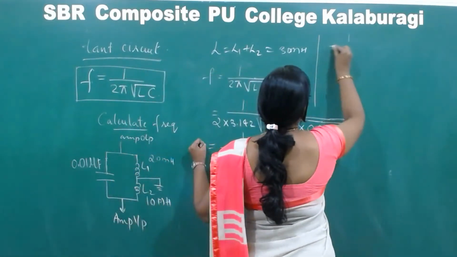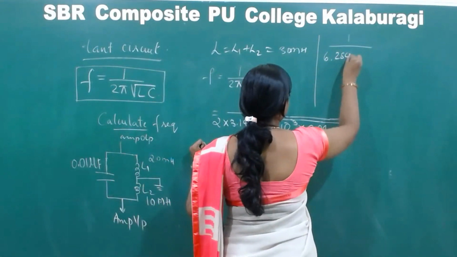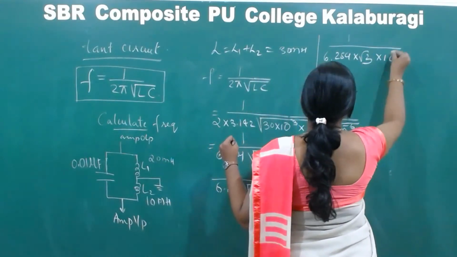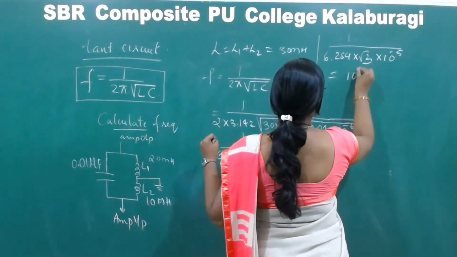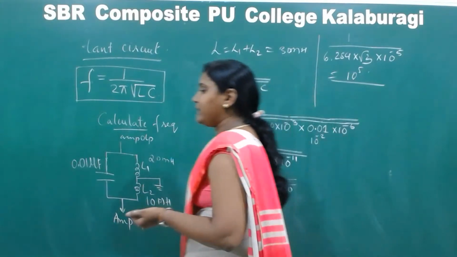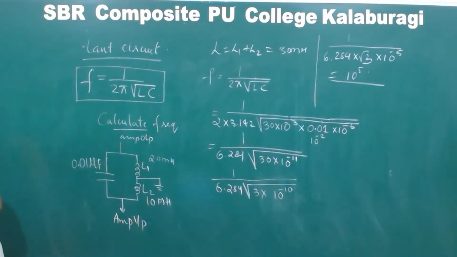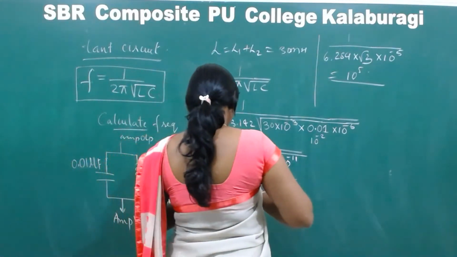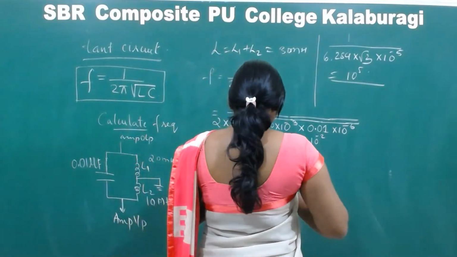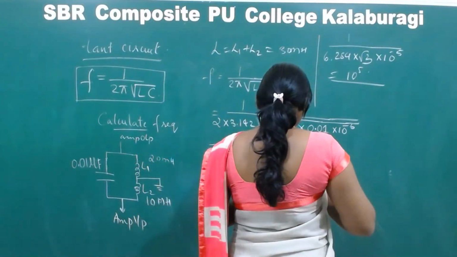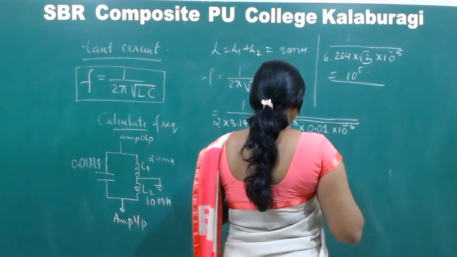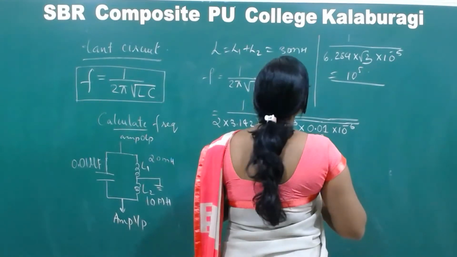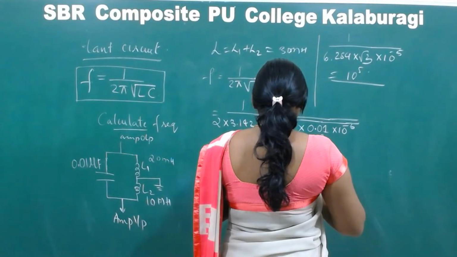Minus 10 taking outside the root, it is going to give you 6.284 into root 3 into 10 to the power of minus 5. This can be written as 10 to the power of 5 by 6.284 root of 3. Root of 3 is 1.732 into 6.284.